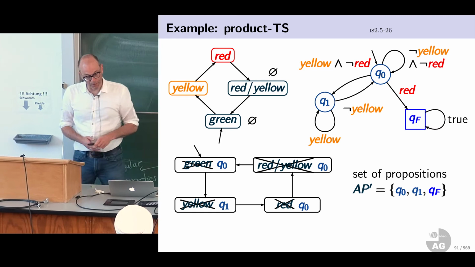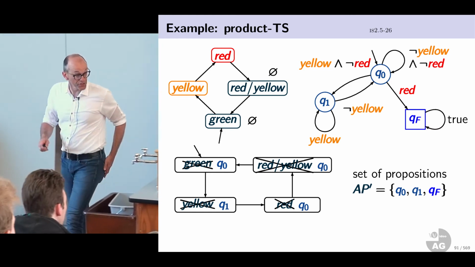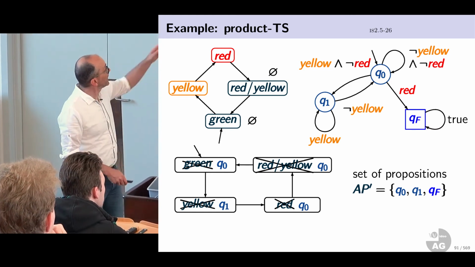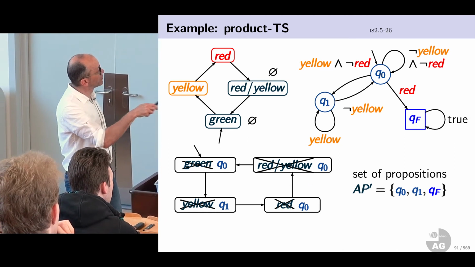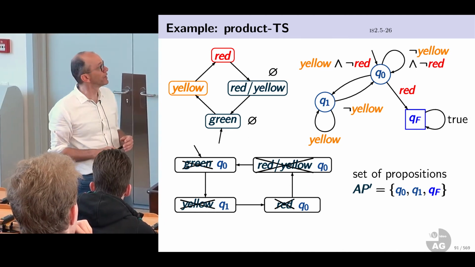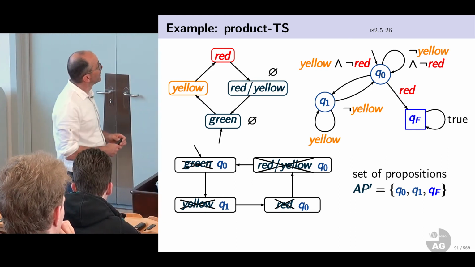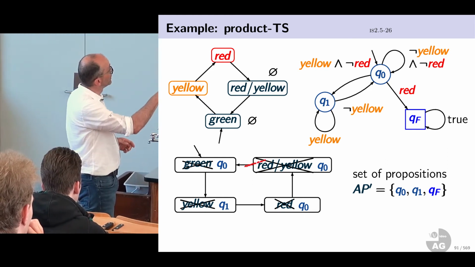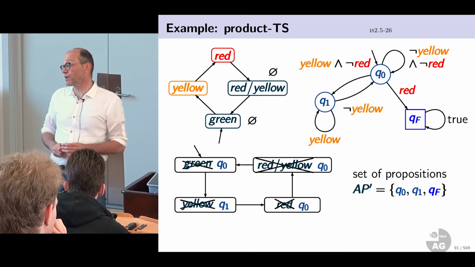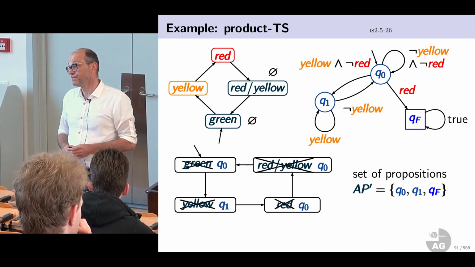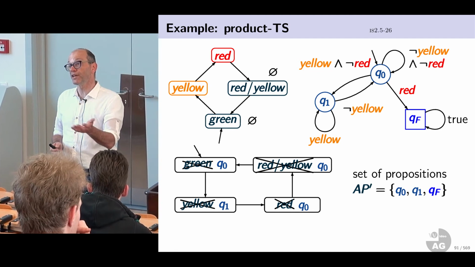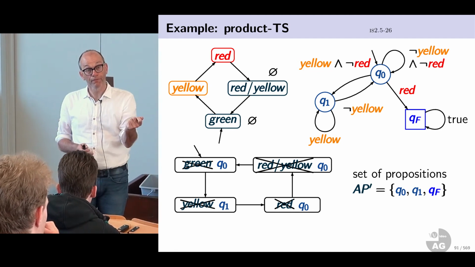What are the set of atomic propositions? The set of atomic propositions are the states of the automaton. So what's the labeling of this thing? Well, you just can ignore the first component in every state, and then you have the labeling. And now my claim is that in this transition system, you can never reach an accepting state. Yeah? There is no reachable state where the second component is QF.